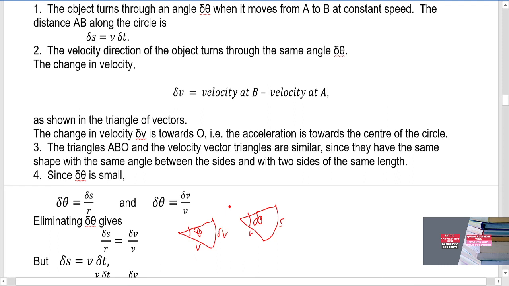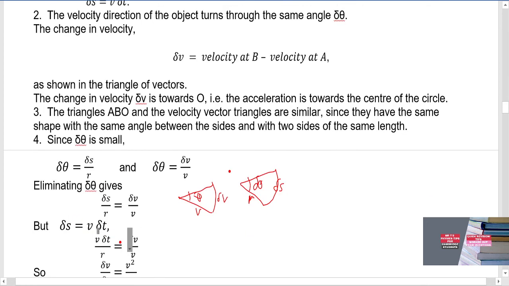So this is ds. Okay, so these are similar triangles, so you can say that dv over v should equal ds over r. So this is supposed to be r. Okay, so that's how it is.